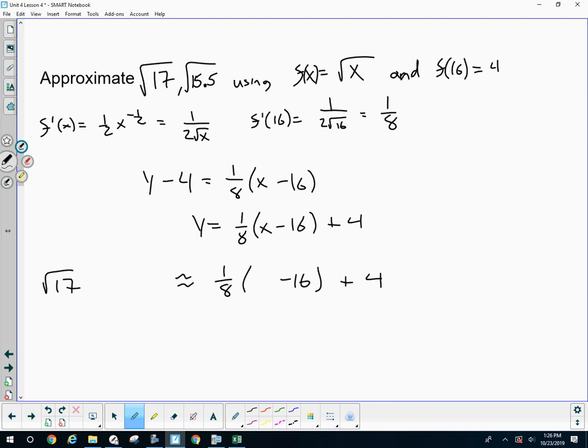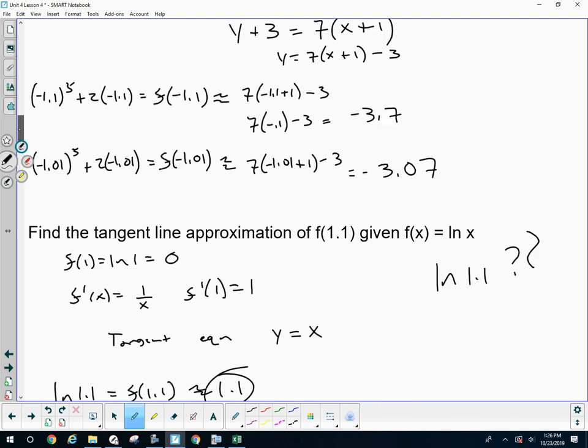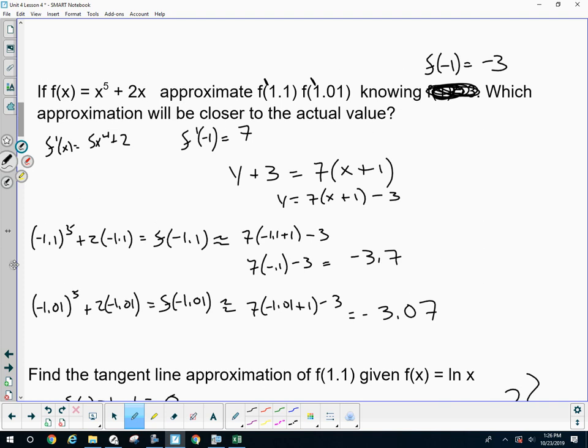Ready? This will give you a hint. When we wanted to approximate negative 1.1 to the fifth plus 2 times negative 1.1, I didn't plug this in for x, right? What did I plug in? Just the negative 1.1, f of negative 1.1.